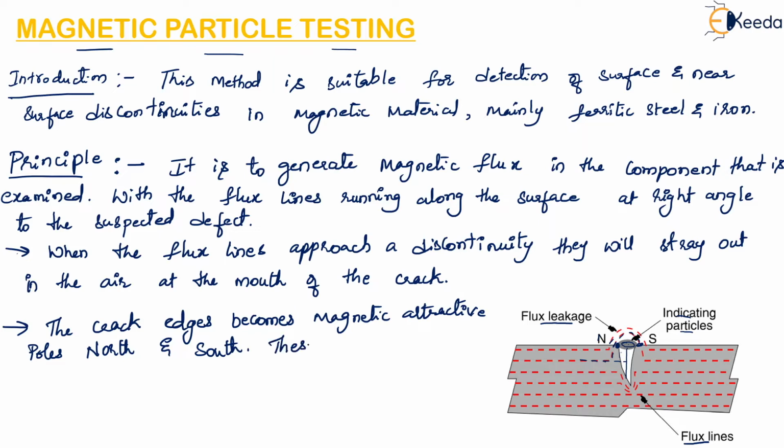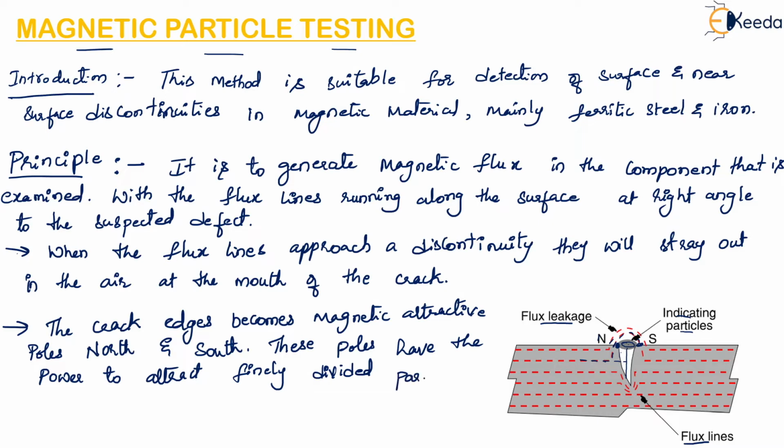These poles have the power to attract finely divided particles of magnetic material such as iron filings.